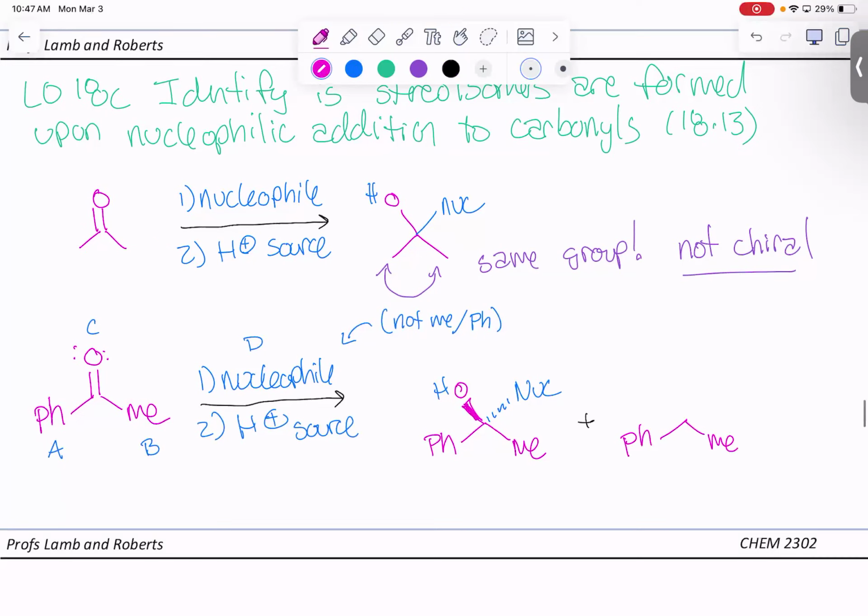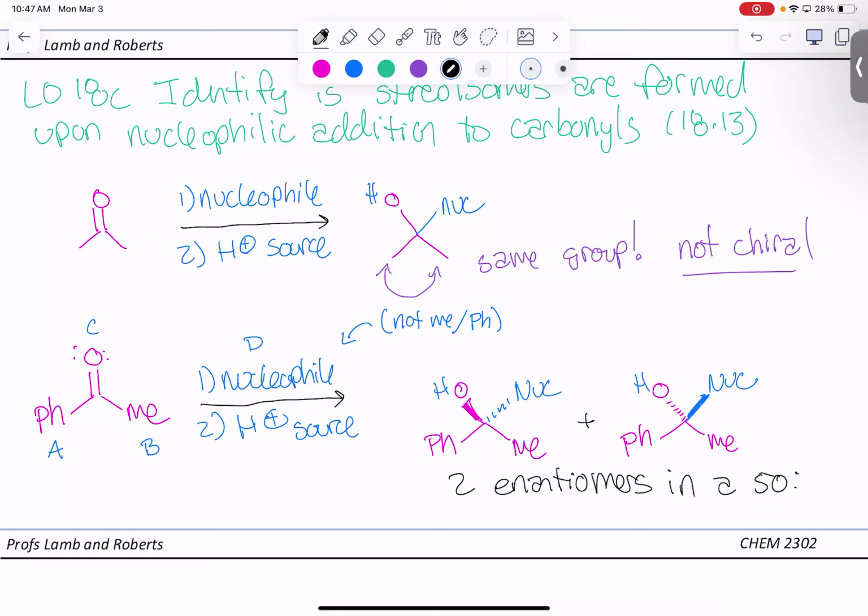It would push the alcohol backwards, and then our nucleophile would be coming towards us. All right, so we have two enantiomers in a 50-50 mix.